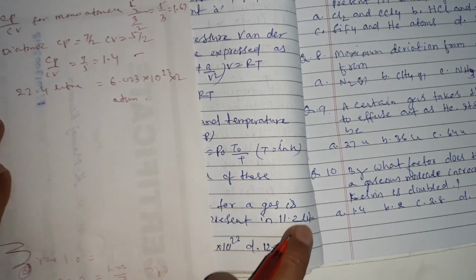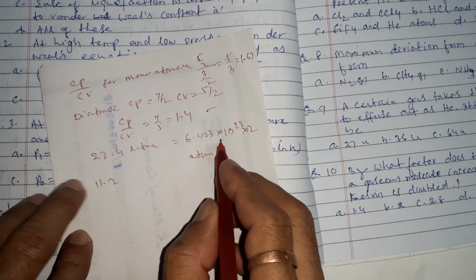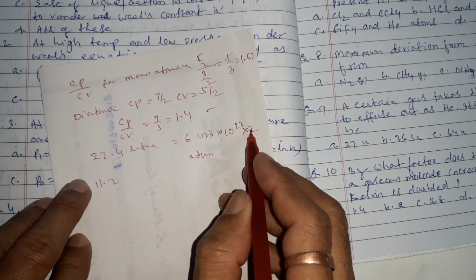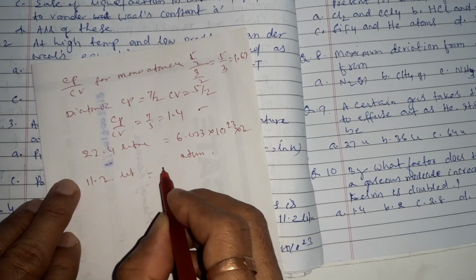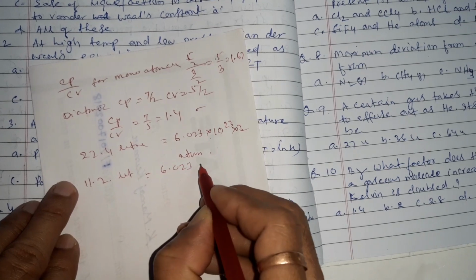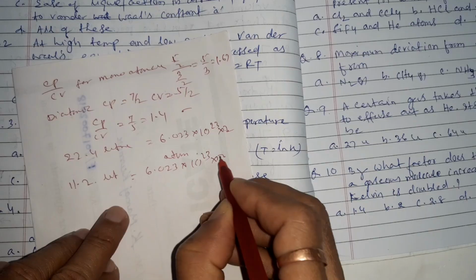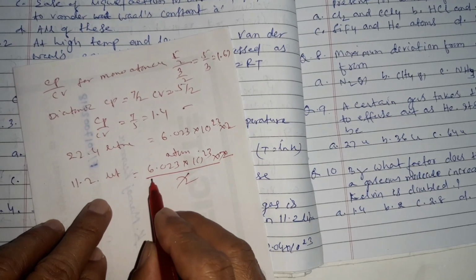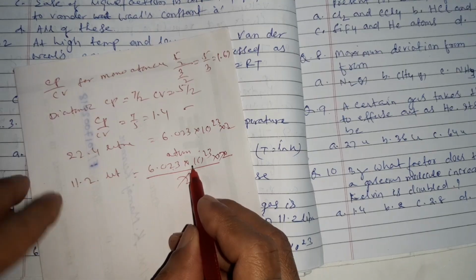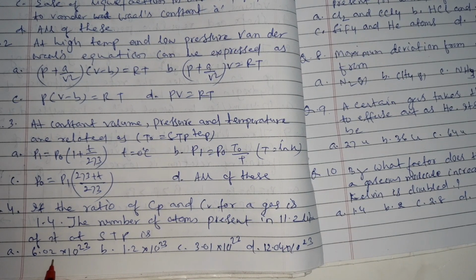But here it is given 11.2 liters, because it is diatomic, therefore we are multiplying by 2. For 11.2 liters how much? 6.023 multiplied by 10 to the power 23 by 2, multiplied by 2. The 2s cancel, so you will get 6.023 multiplied by 10 to the power 23. Choice A is the correct answer.